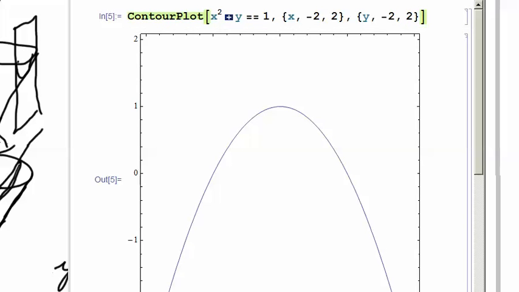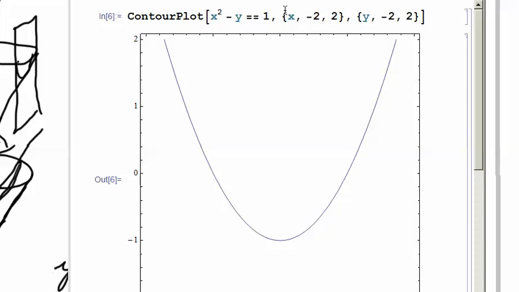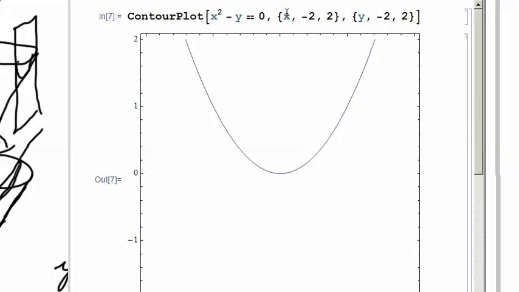Of course, I can change that to a minus, get it popped up to the normal way of seeing it, which, notice, has an intercept down here at -1. If I change that to 0, it'll pop up to the 0 point.